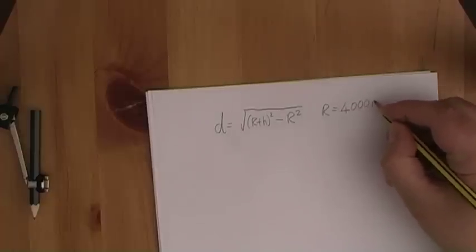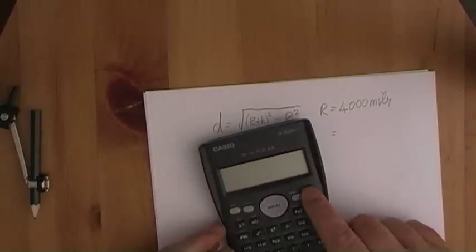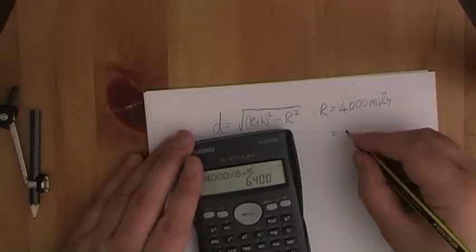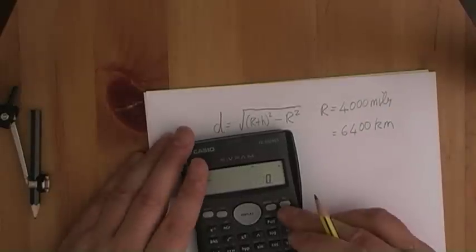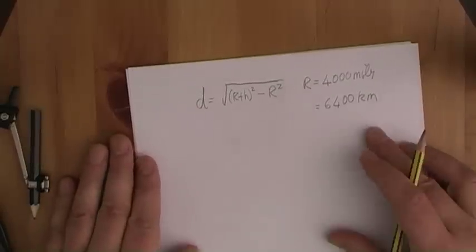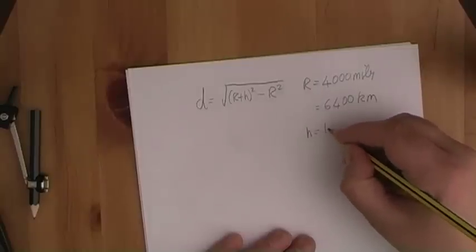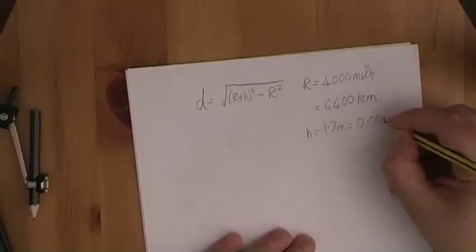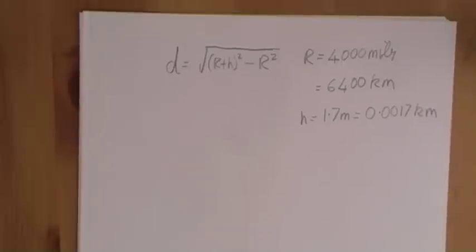So it's 4,000 miles, 4,000 times 8 divided by 5, that gives you 6,400 kilometres. That's the radius of the Earth. Now if you're standing on the ground, let's just assume your eyes are 1.7 metres above the ground, which is 0.0017 kilometres. I'll show you those figures so you can make sure you can see them.